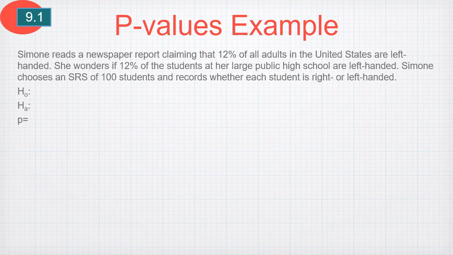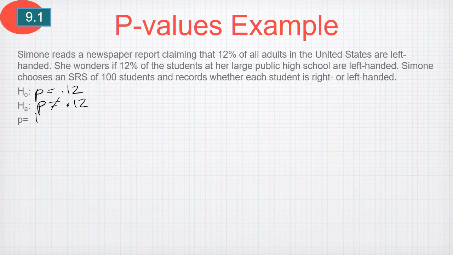I would say that my null hypothesis is essentially my claim. So I'm saying, okay, p equals 0.12. And then for my alternate hypothesis, it's not telling me whether it's more than 12% or less than 12%, so I have to assume that it is both above and below, which means in my alternate hypothesis, what I think might actually be true is that p is not 0.12.